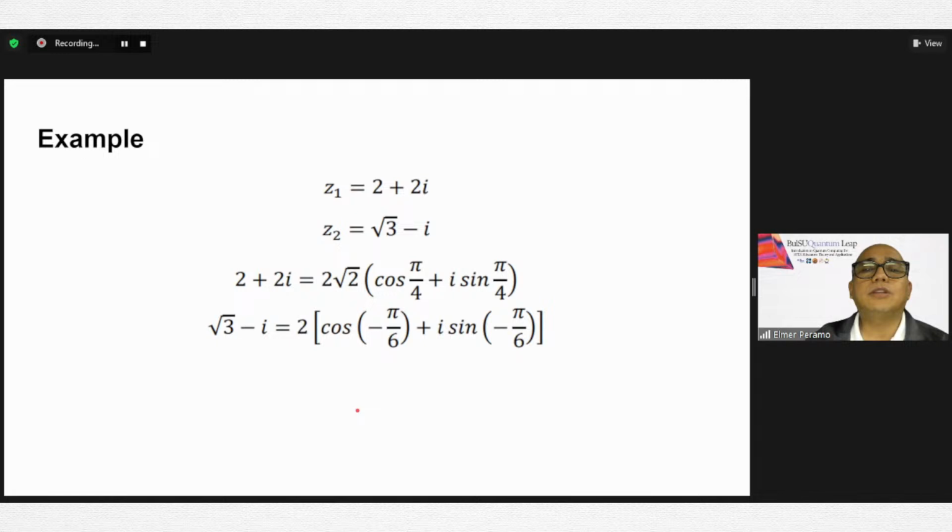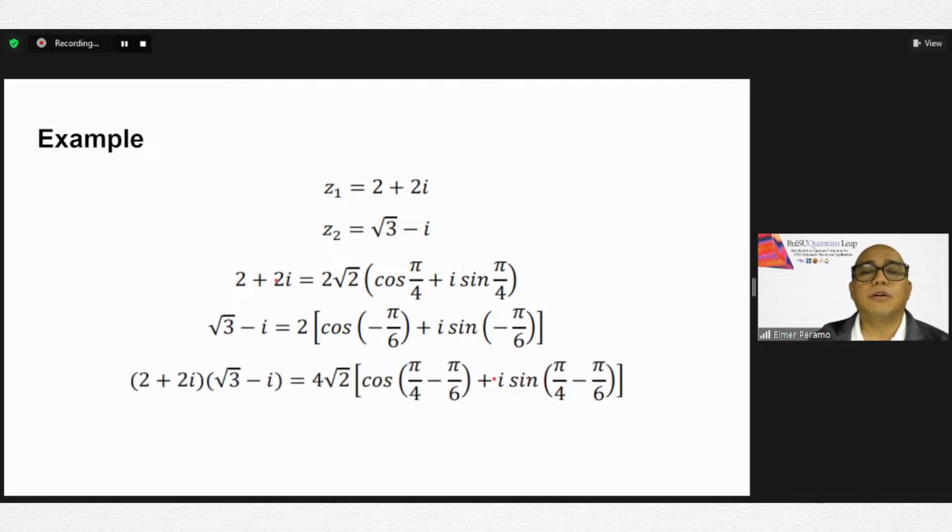And then if we are going to multiply them, basically you just multiply the r's and then add the angles. So when you multiply 2 by 2 square root of 2, that's 4 square root of 2. And then for the angle, it's pi over 4 minus pi over 6. Sorry, you need to add, but this is negative, so that's why it becomes a minus here.